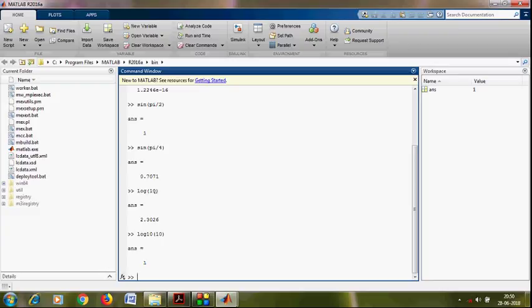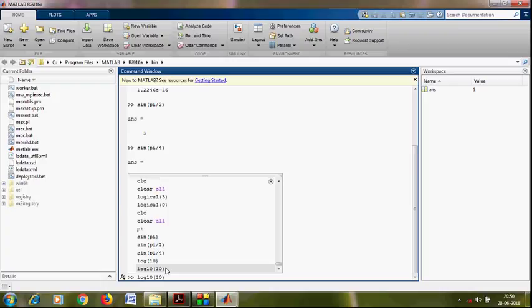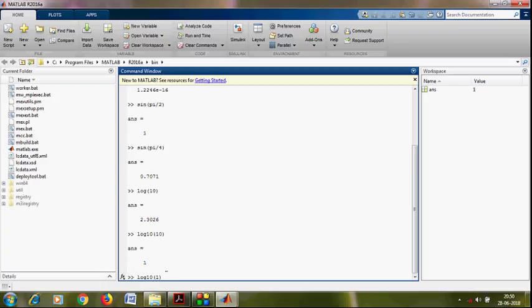Here log e will give you 1. Here log10 of 10 will give you 1, because 10 to the power 1 is 10. If I say 1, it shows you 0, because 10 to the power 0 is 1.